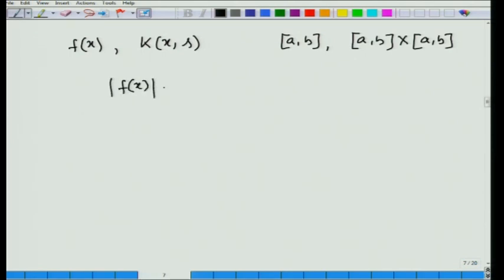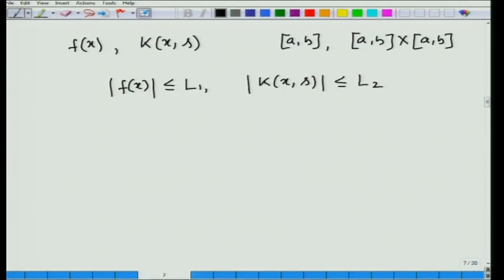That means, modulus of f x is less than or equal to L1 and modulus of k of x comma s is less than or equal to L2. Using the continuity condition, we can find these are the bounds.